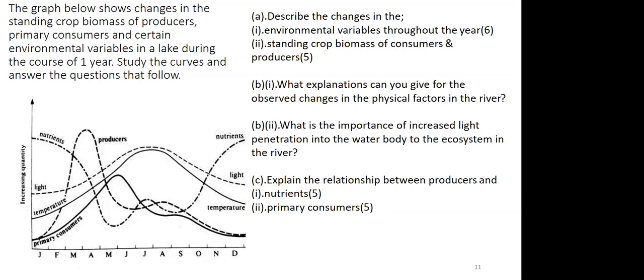Okay, so we said that the quantity of light increases from January to June as the sky clears. Water also progressively warms up, so light penetration in the water body is also affected by organisms at the water surface. So in sunny periods, there are fewer organisms at the water surface due to high water temperature, which could affect their metabolism.